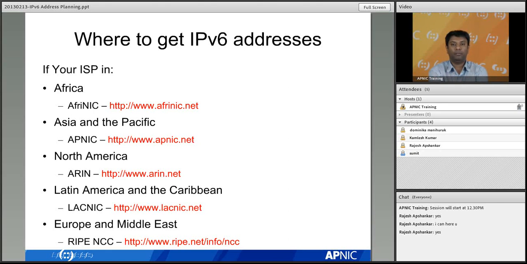We are doing IPv6 address planning for ISPs or for enterprise. When we do the planning, the first question is, where can I get the address from? The very basic question. Well, as you know, the current registry framework of internet numbers, right? From the central registry, which is IANA, there are 5 regional internet registries.